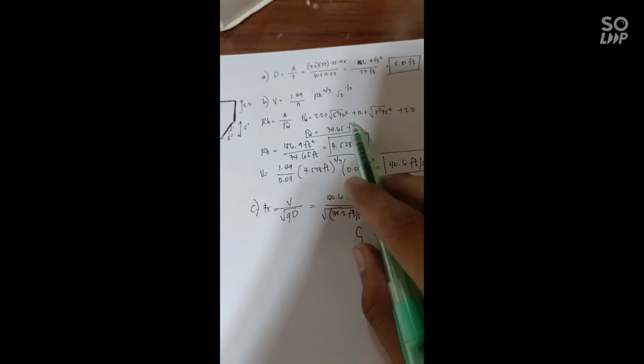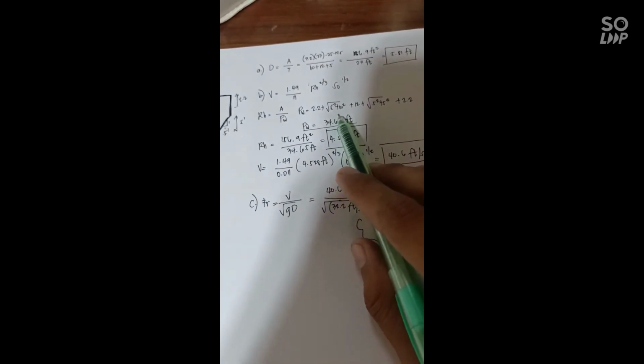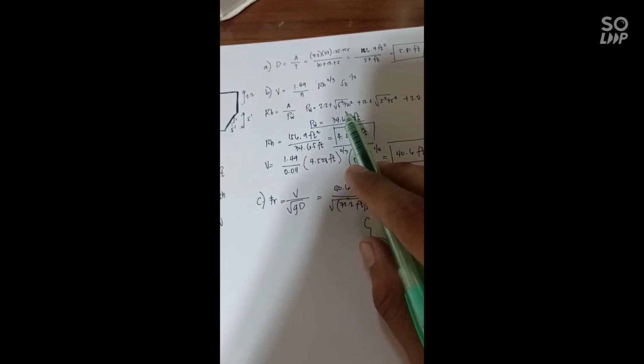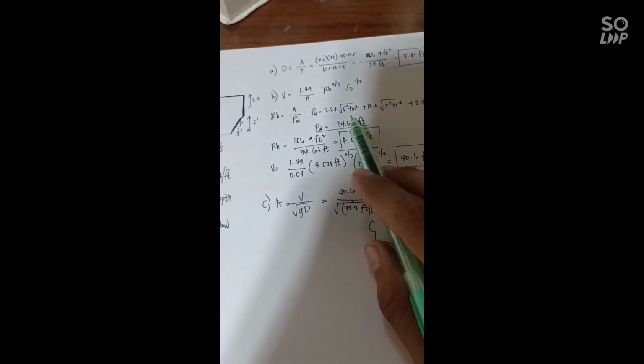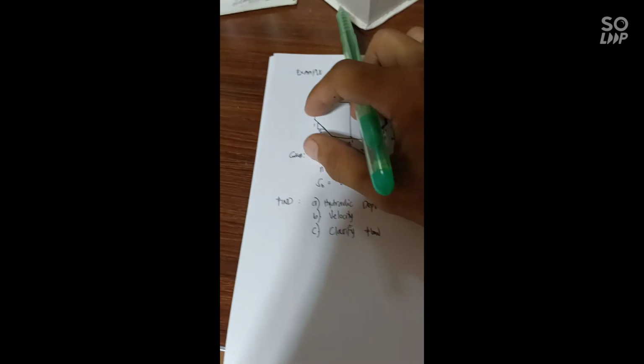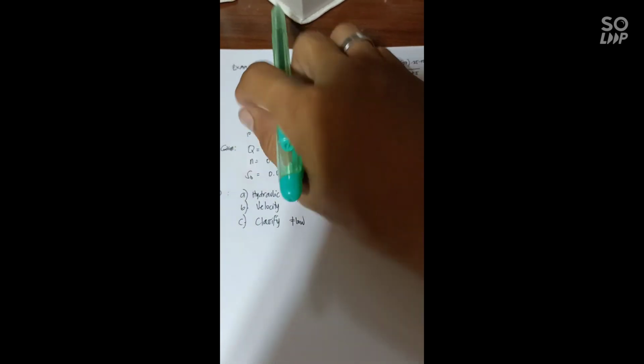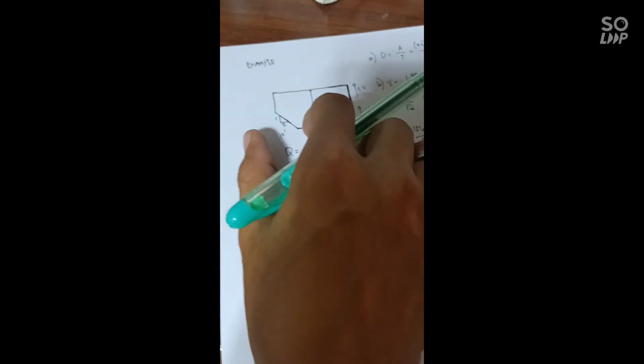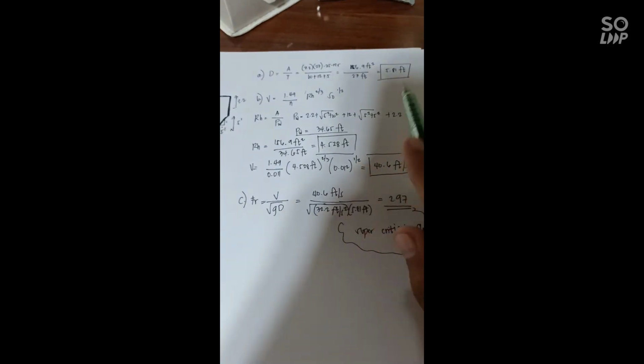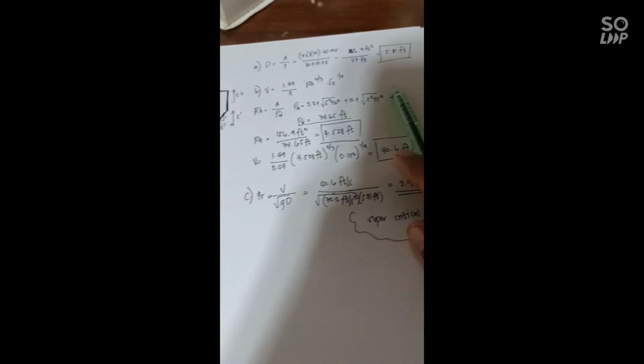Understand, guys? We use the Pythagorean theorem here, the square root of 5 squared plus 10 squared.